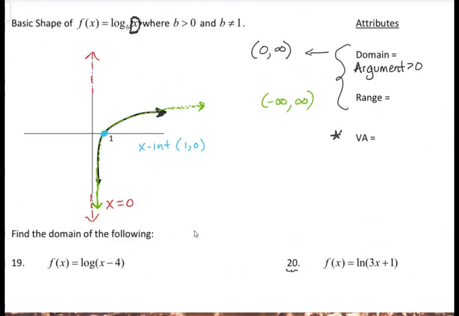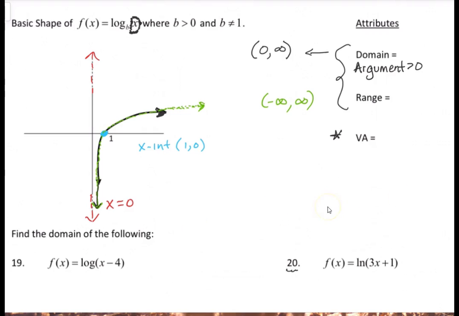Okay, now I want to do a couple of examples where we look a little bit closer at the domain. We've already talked about finding the domain from the graph of this basic shape of a logarithm, and you can see that my x values have to be strictly greater than 0.